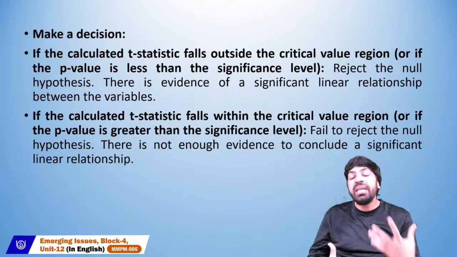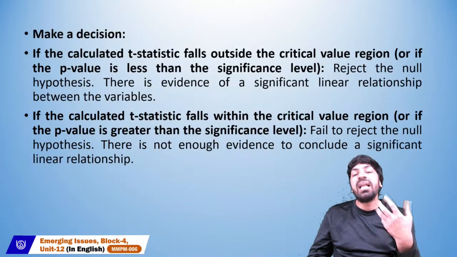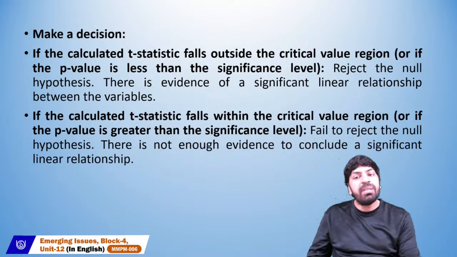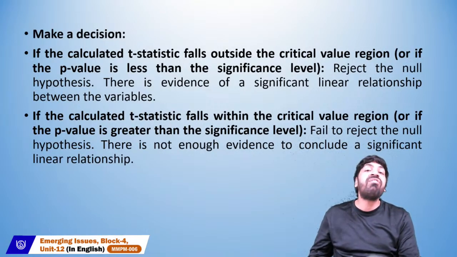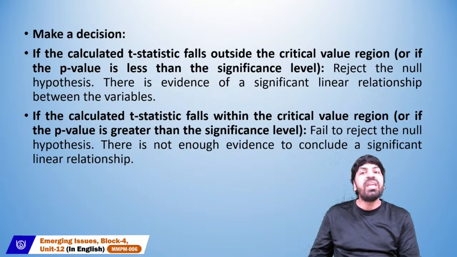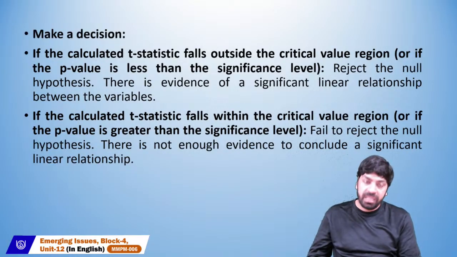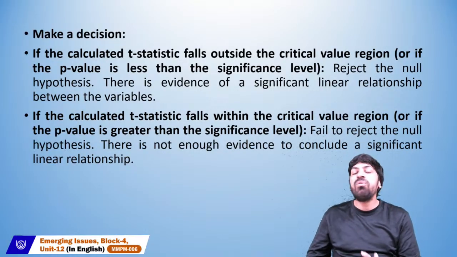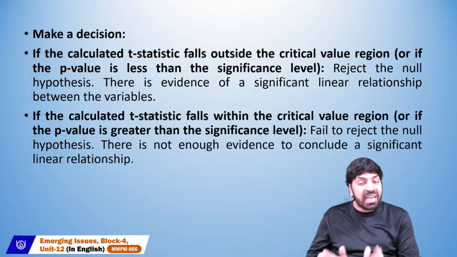But if the calculated t value is less than the table t value, we fail to reject the null hypothesis. That means there is no statistically significant relationship between the two variables.